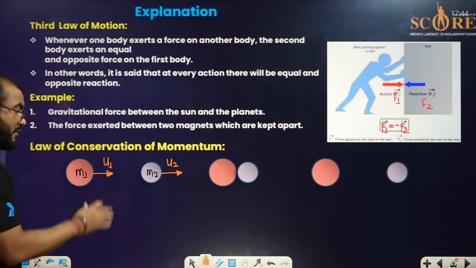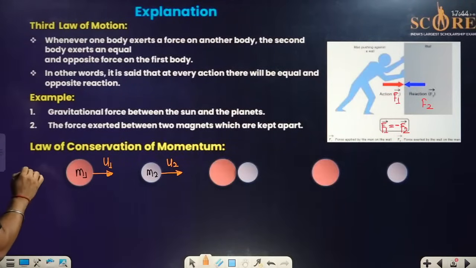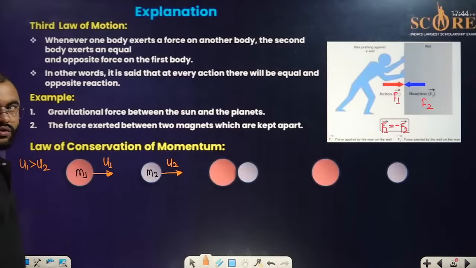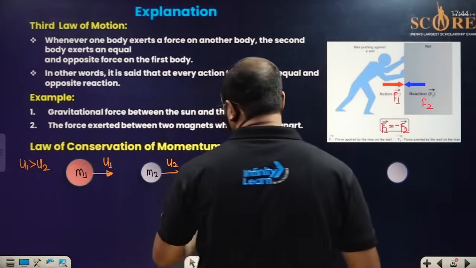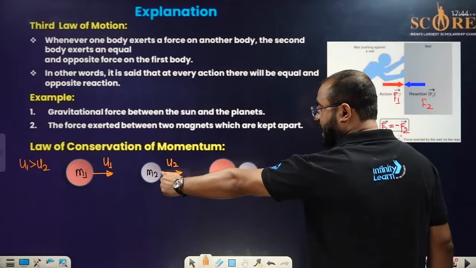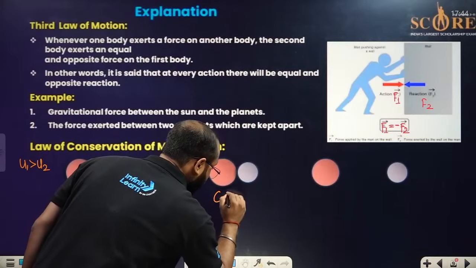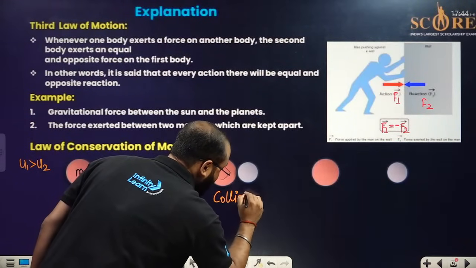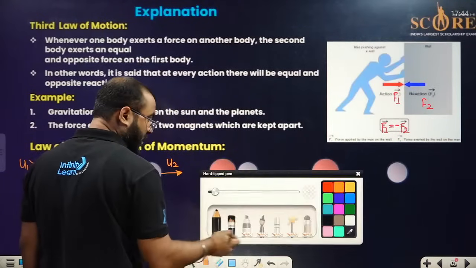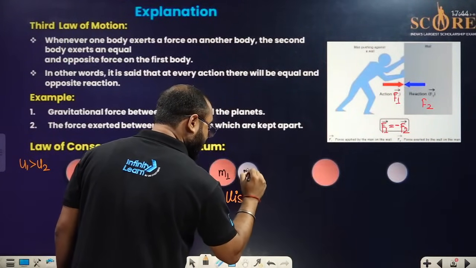We are taking into consideration that u1 is greater than u2. Fine, u1 is greater than u2. In that particular case, the body m1 will be colliding with m2 like this. So this is the state of collision, everyone. In this particular state, this is m1 and this is m2.